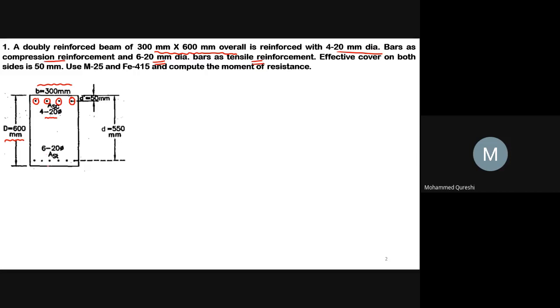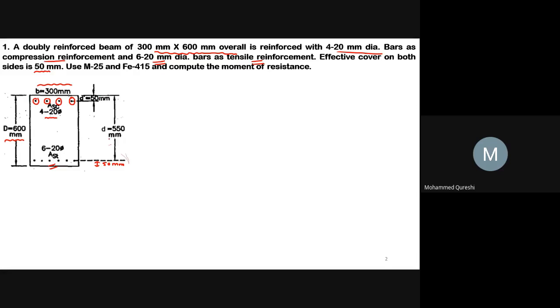So here AST equals 6-20 mm diameter bar and effective cover on both sides is 50 mm. That is here cover is given as 50 mm for tension reinforcement as well as for compression reinforcement, that is D dash is given as 50 mm.